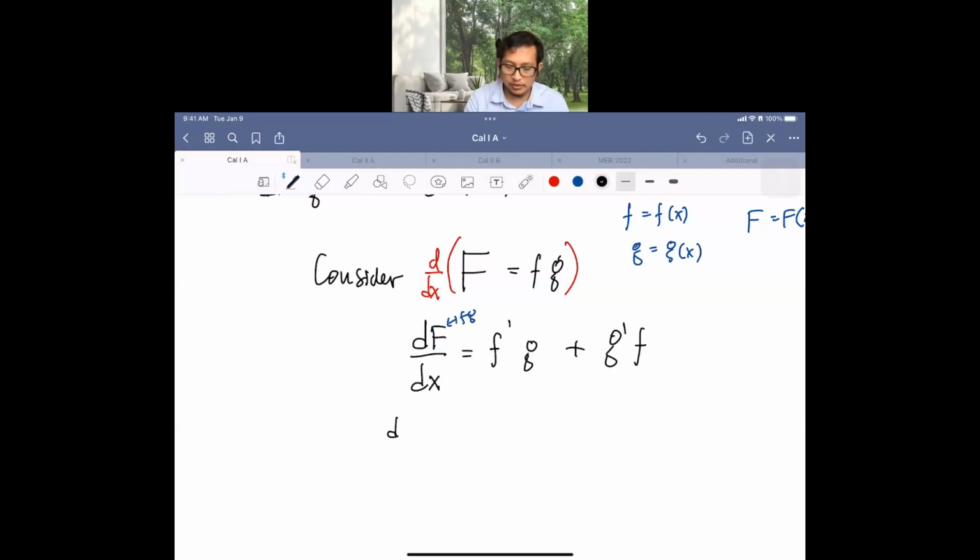So let's write d/dx of fg, and this will be d/dx of f multiplied by g, to make it different. And this will be d/dx of g multiplied by f. So this will be the f prime, g prime, right?